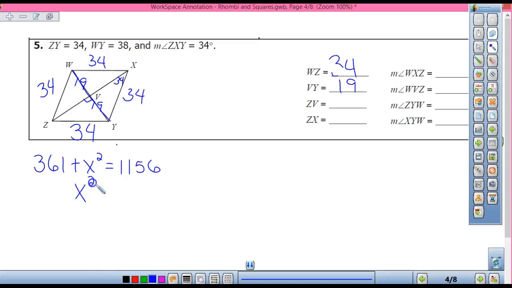So x squared is 795. Square root that guy, what do we get? 28 point what? 28.2.